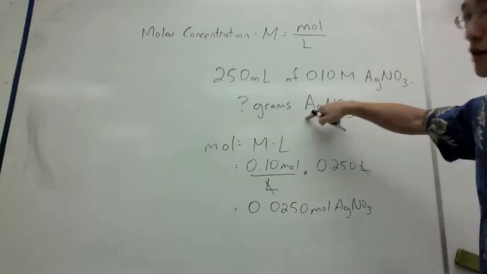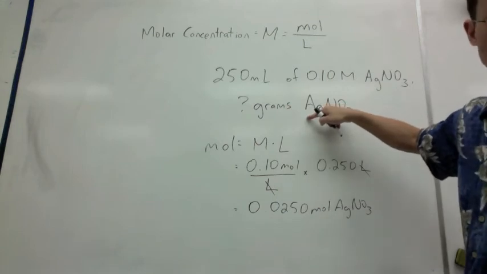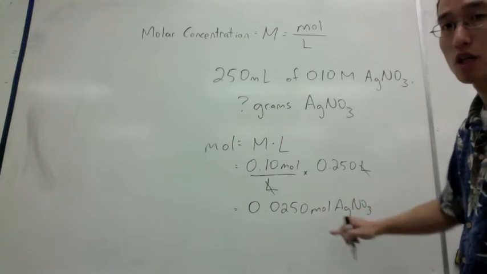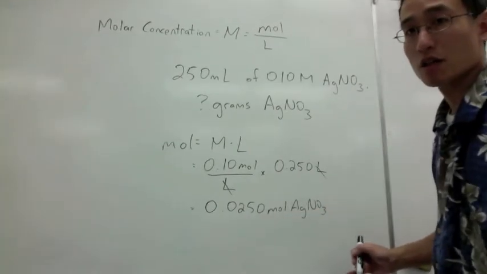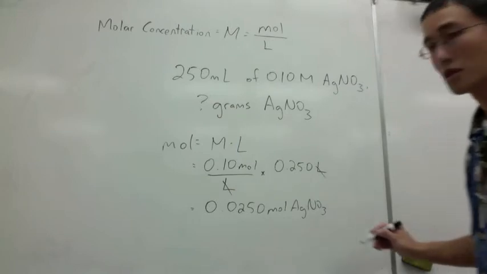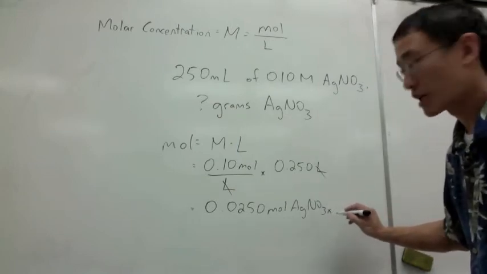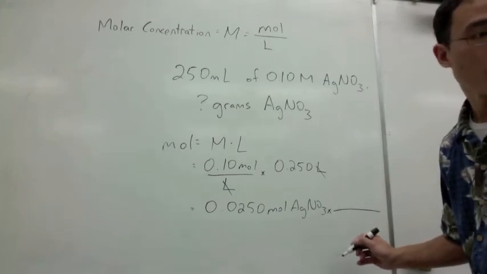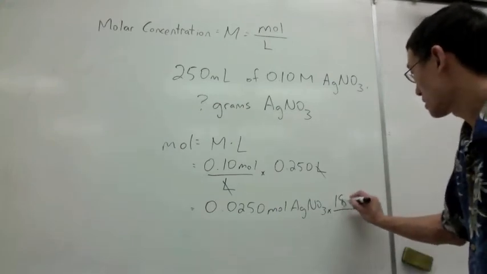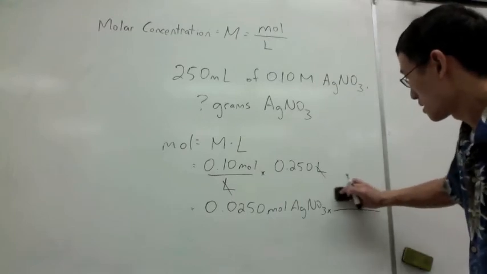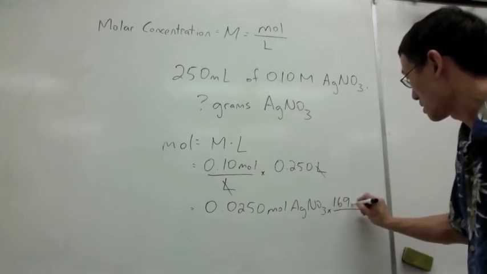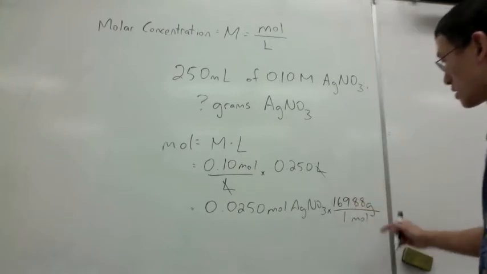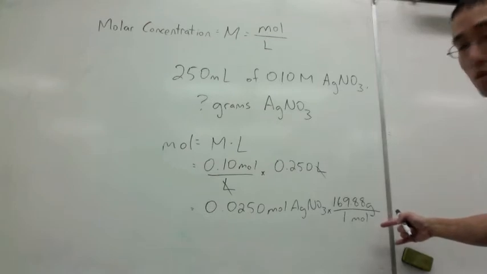The question asked for grams, and I'm not at grams yet, but if you have moles of something, you can change it to grams just by using the molar mass. So I'm going to do that now. Using the periodic table, the molar mass of silver nitrate ends up being 169.88 grams per mole.